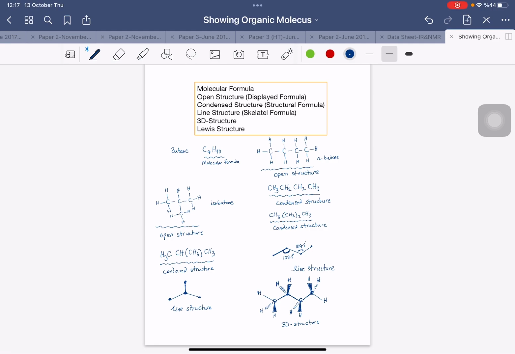In some textbooks, some of the names can be written in a different way. Open structure may be written as displayed formula. Condensed structure may be written as structural formula. Line structure may be written as skeletal formula. That's it.